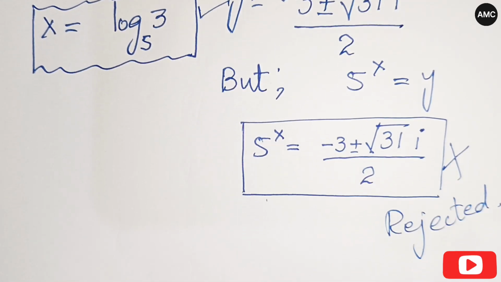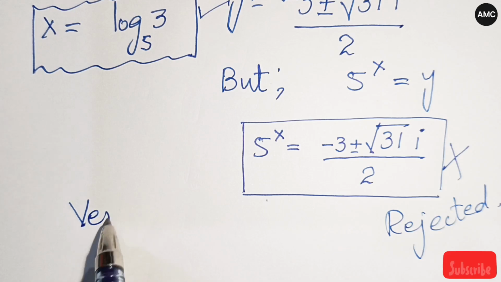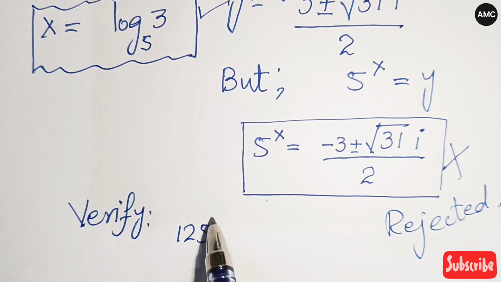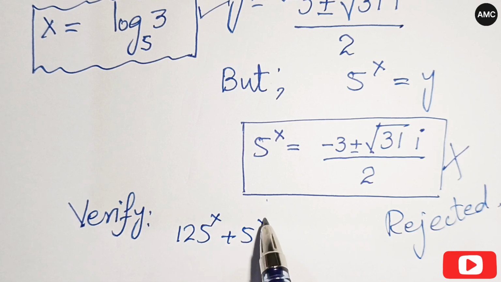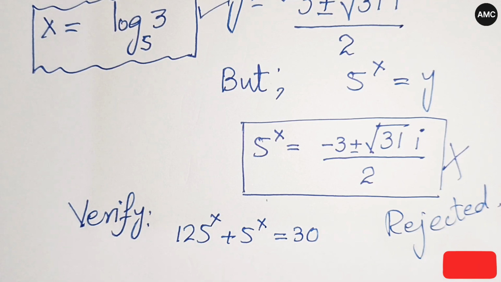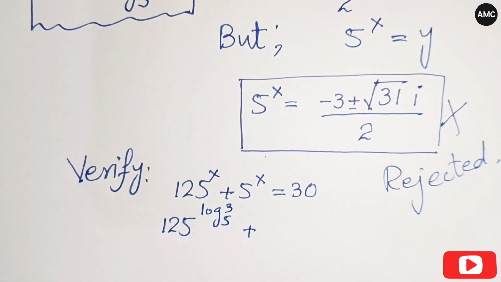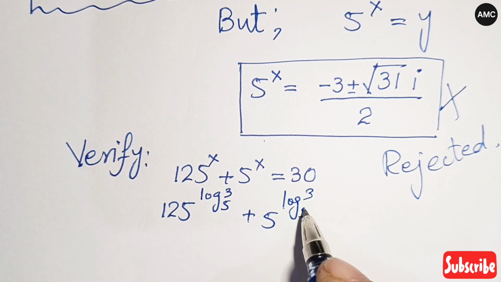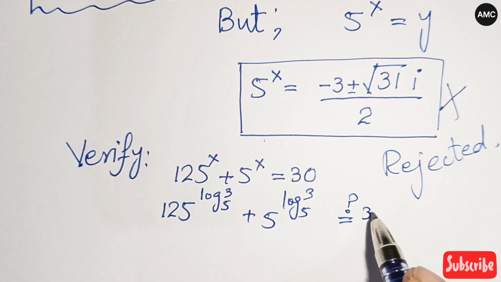Now we are going to verify our problem as well. If we recall our problem, which is 125 to the power x plus 5 to the power x is equal to 30, then by putting the value of x, we have 125 to the power log 3 to base 5 plus 5 to the power log 3 to base 5, is it equal to 30.